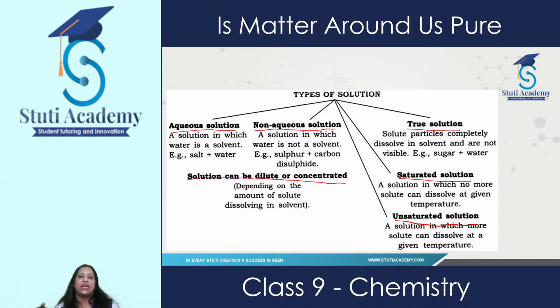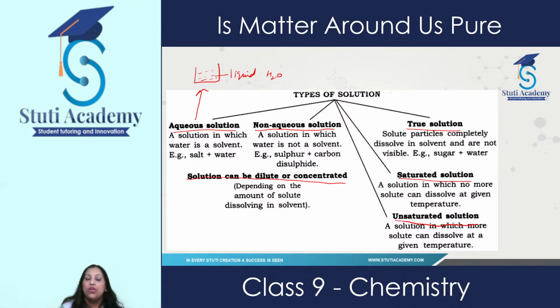First, I'll take aqueous solution. Aqueous solution is that type of solution in which the solvent is water. When we mix two components, there is a liquid part, and if the solvent is water, this type of solution is an aqueous solution. Examples are salt and water, sugar and water.